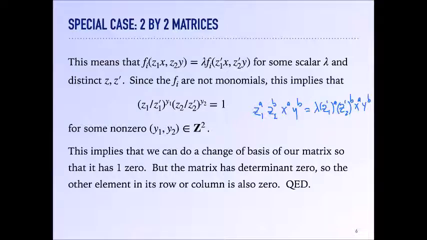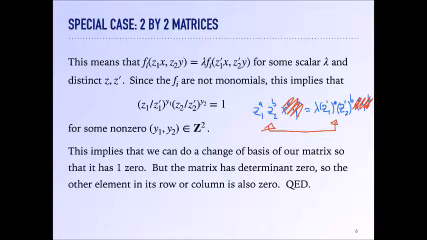I'm looking at the x to the a, y to the b term. So there'll be some coefficient, but then I'll cancel that. And of course, you can just cancel the entire variable part of it to get an equality of two numbers that you care about.